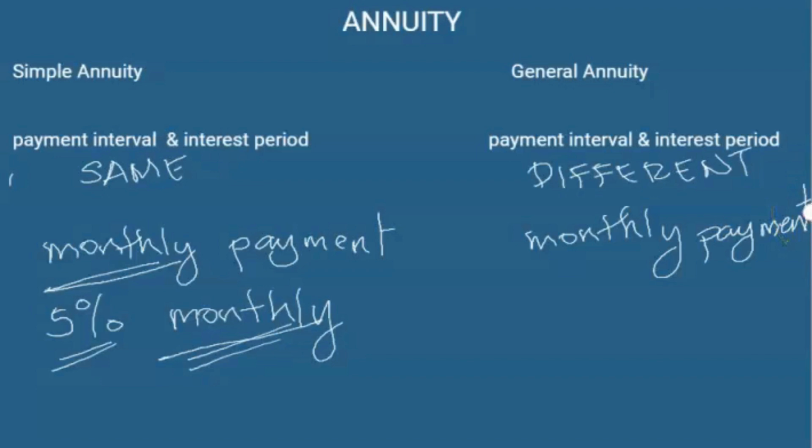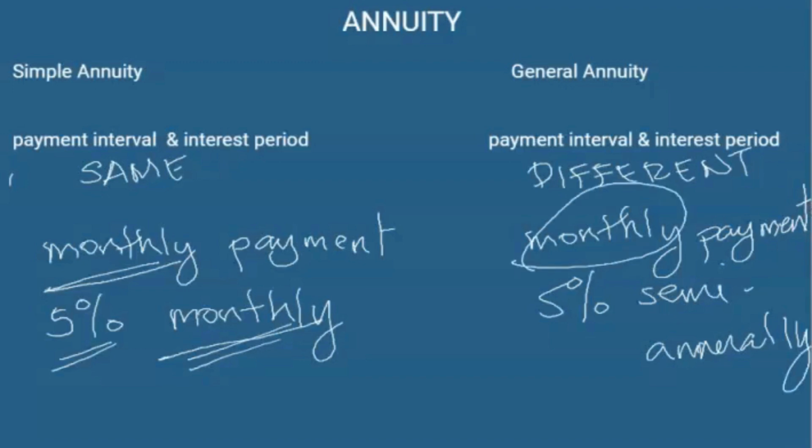But the interest is compounded, let's say, 5% semi-annually. So the payment interval is monthly, but the interest period is twice a year, or semi-annually. So that's the difference.